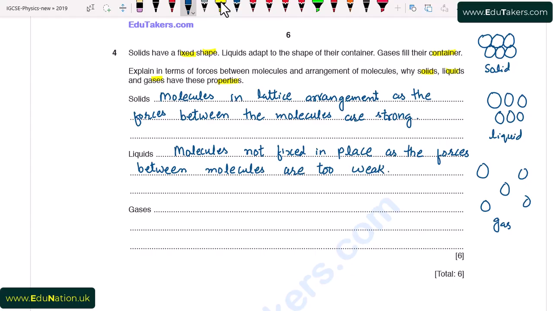And for gases, the molecules are far apart, as there is no force between the molecules.